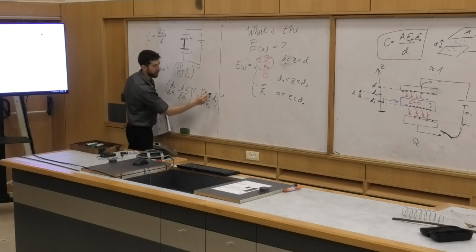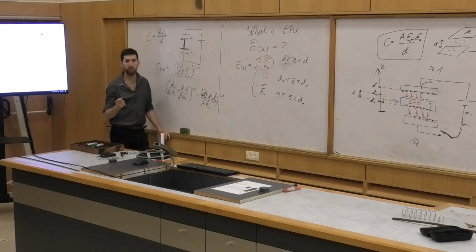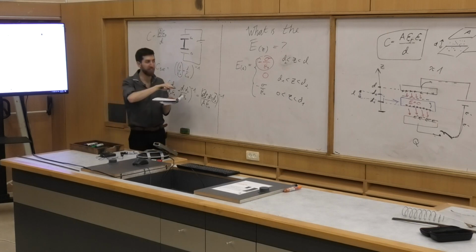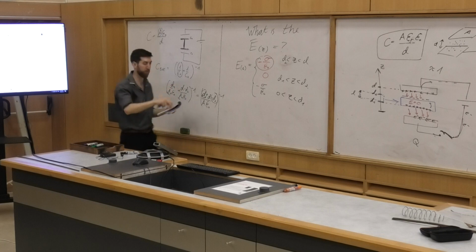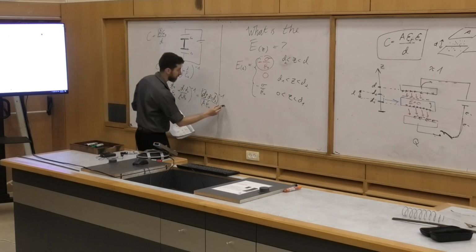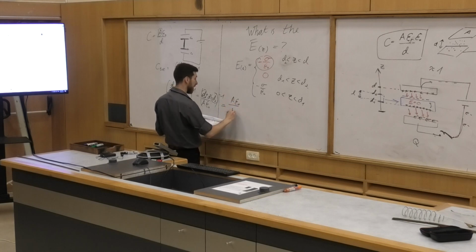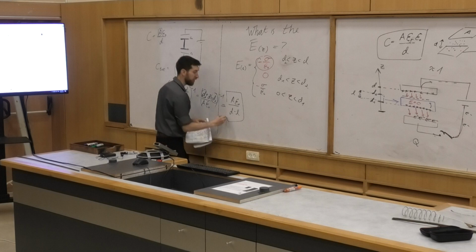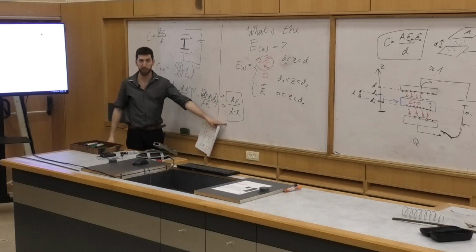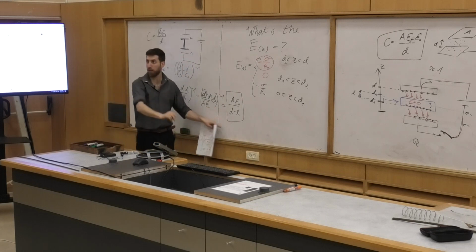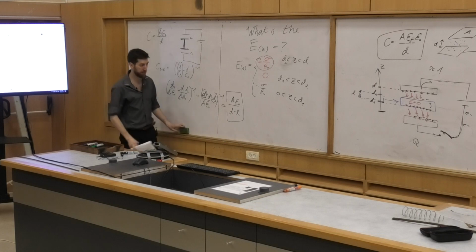D1 minus D2 is actually minus L, the thickness of the conductor. So this ends up being A over D minus L, flipped with the minus 1. So this is the new capacitance. If you put a conductor inside, boom, we got that capacitance.